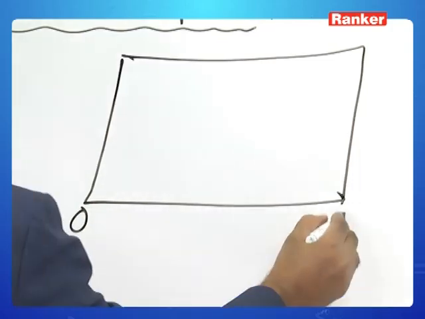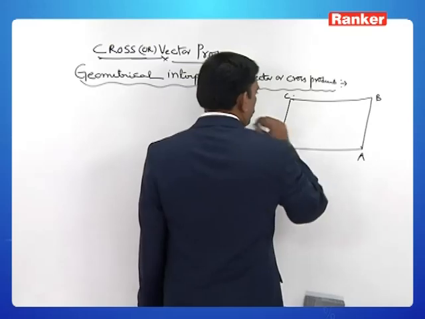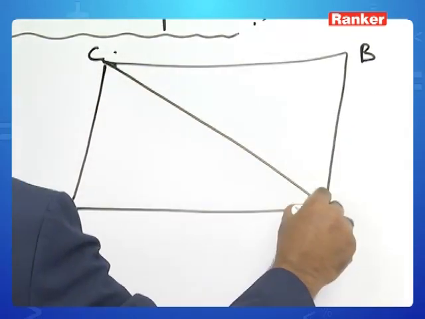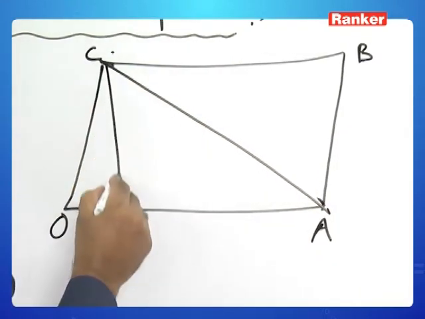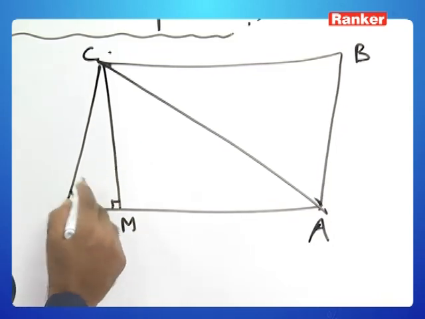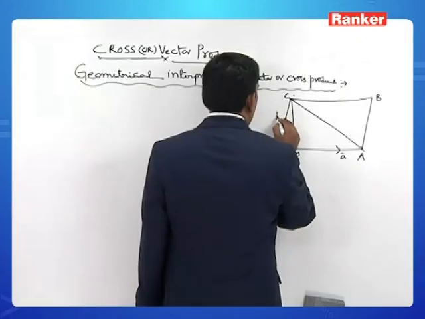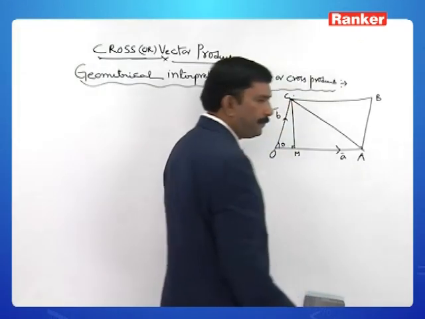O, A, C, B. This is one diagonal. This is a perpendicular to it. This is theta. Take this one as A bar. Take this one as B bar.